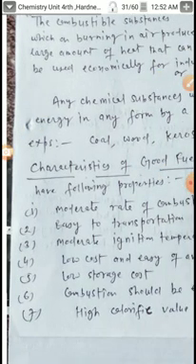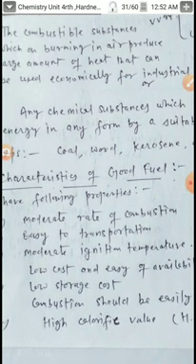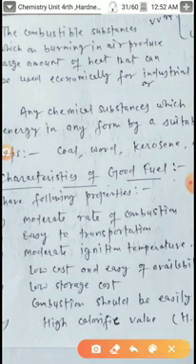Okay, what are the examples of a fuel? You can view most of the examples around yourself. First, an important example of the fuel is coal. When you burn coal, you get a huge amount of heat.